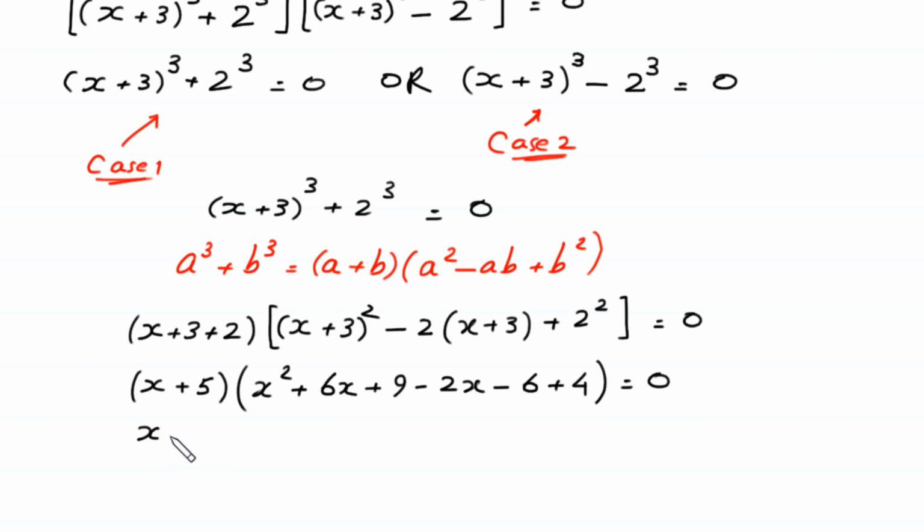Next, (x + 5) times (x^2 + 6x − 2x + 4x, and 9 − 6 + 4 is 7) is equal to 0.